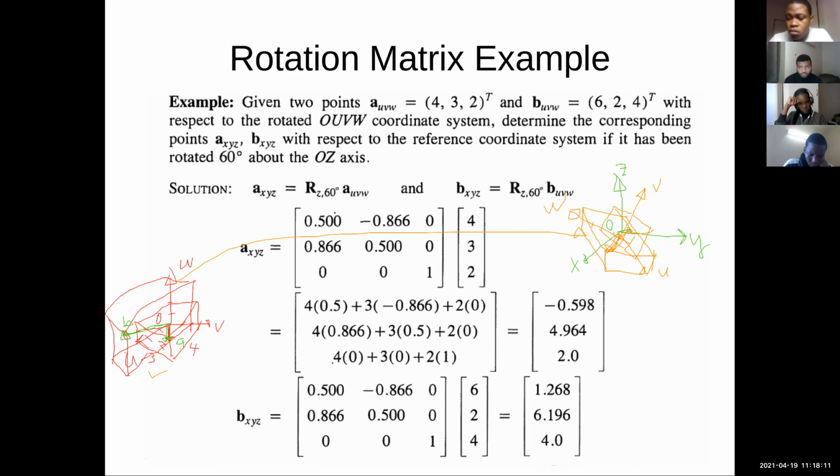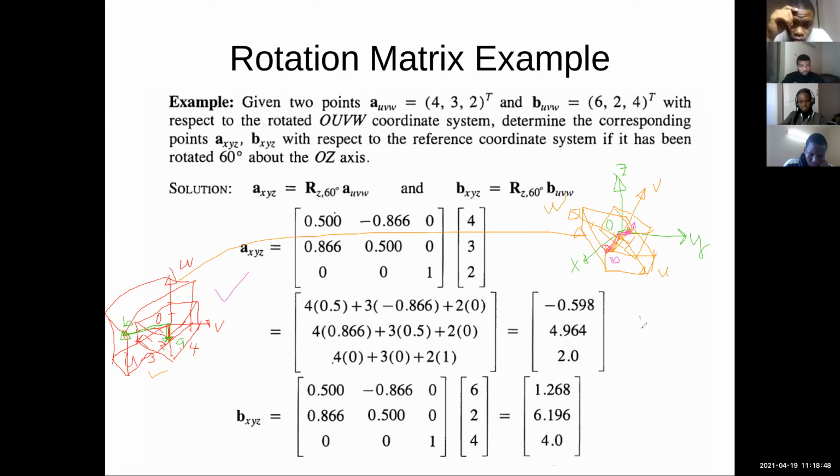So this is your A vector and this is your B vector, okay? These vectors are the same vectors as the ones you have in this frame. The only difference is that this frame is rotated. So now we say that the frame of rotation from X, Y, and Z into UVW is around Z of 60 degrees.